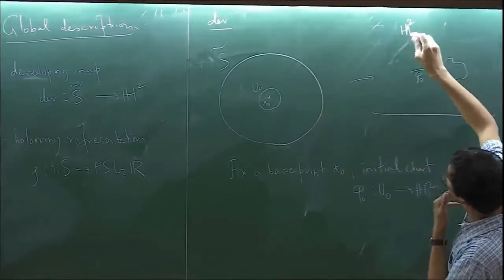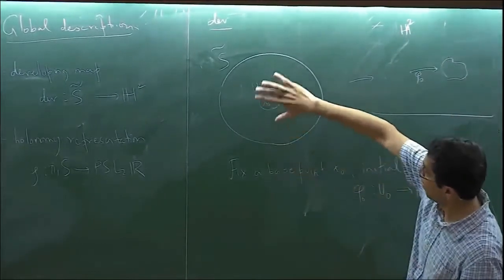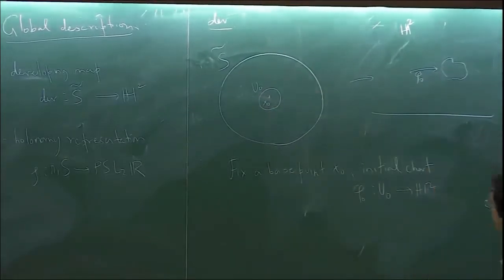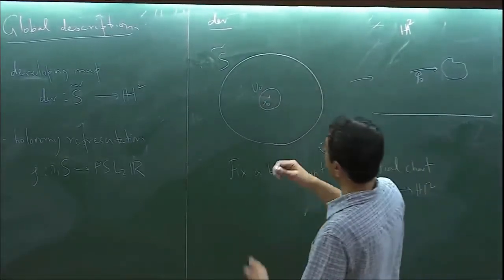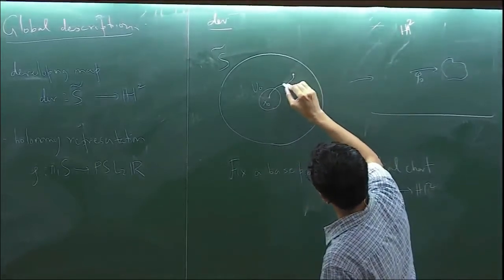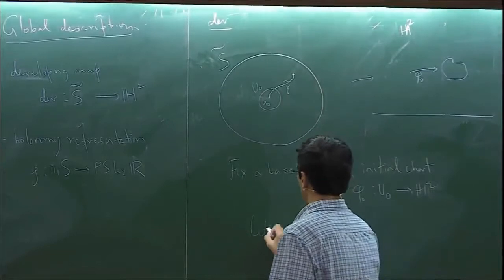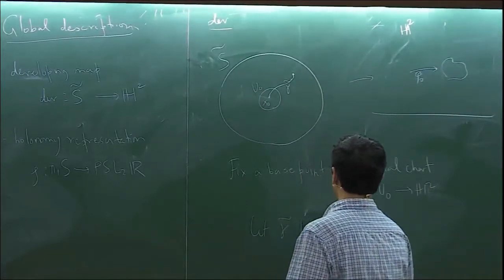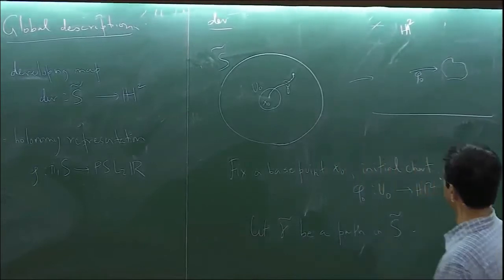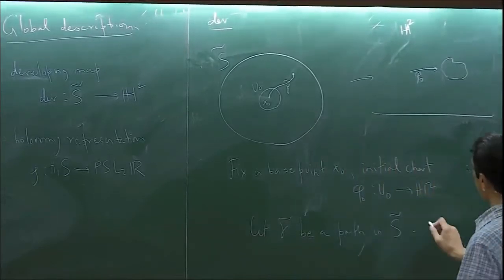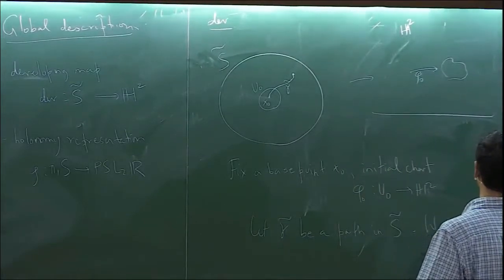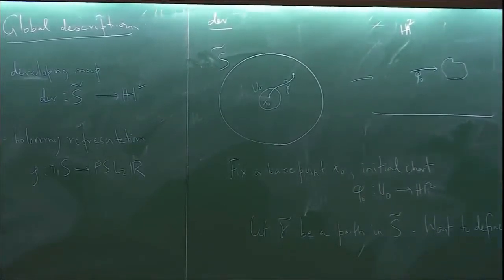Okay, and we want to build a map on the entire universal cover. How do you do it? Well, you sort of analytically continue. So suppose you have a path in the universal cover. So let gamma tilde be a path in the universal cover. Then you want to define the developing map on the end point of the path.